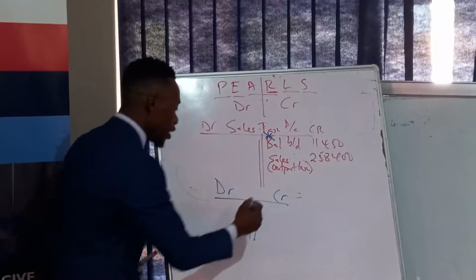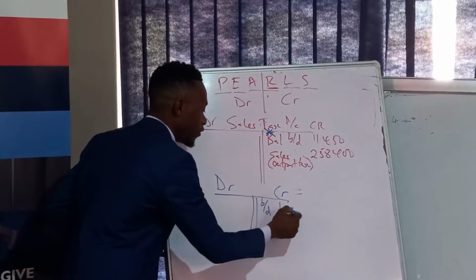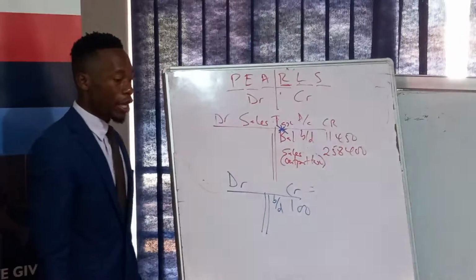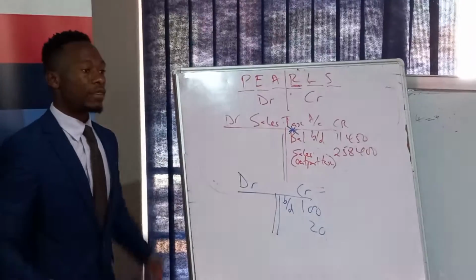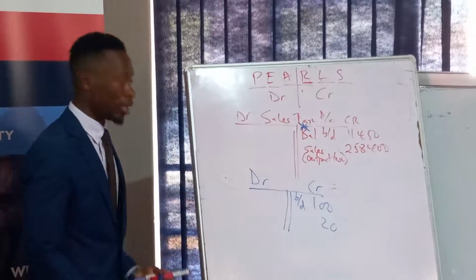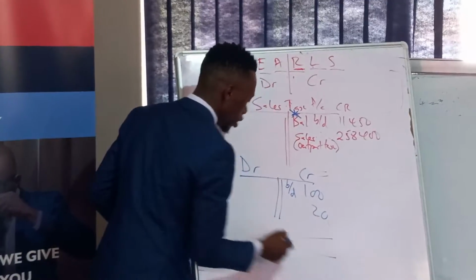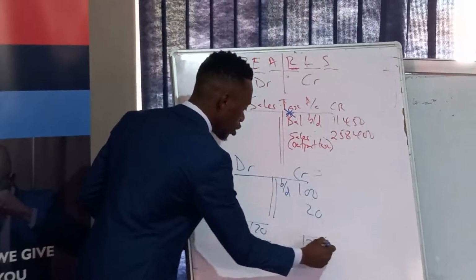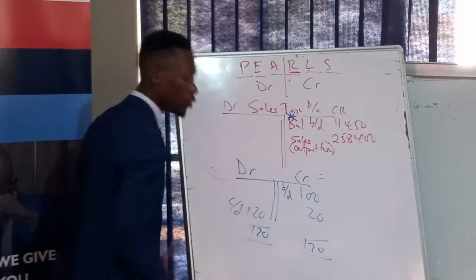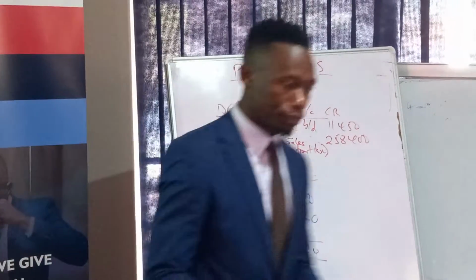I'm saying that if you have your BD here of 100 on the credit side, if you record 20 here, what will be the total? The total, thank you, it will be 120, because it is on the same side. So the total, it will be 120, CD 120 like this, right?